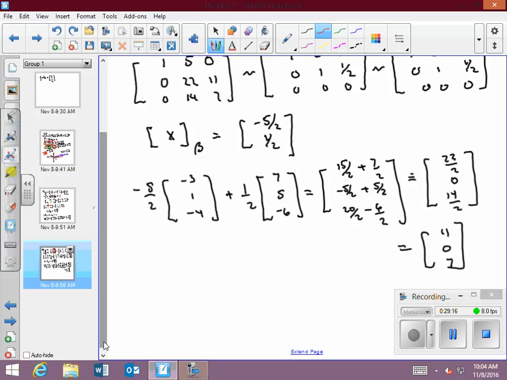Next one. Eight is saying let B1 equal 0, 2, B2 equal 2, 1, X is equal to minus 2, 3, Y is equal to 2, 4, Z is equal to minus 1, minus 2.5.